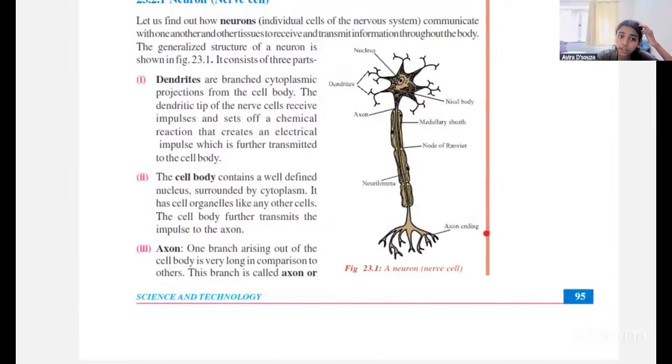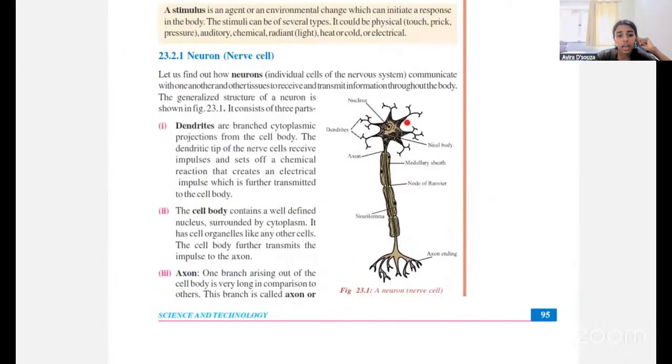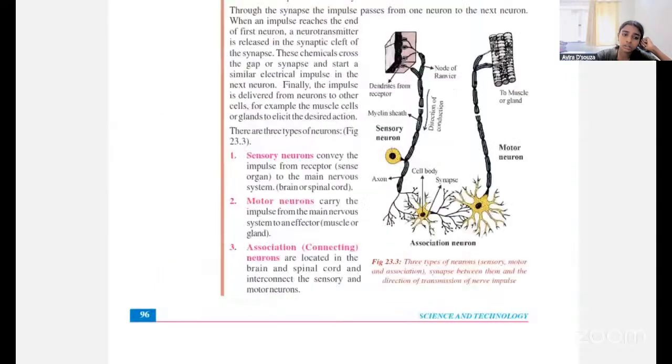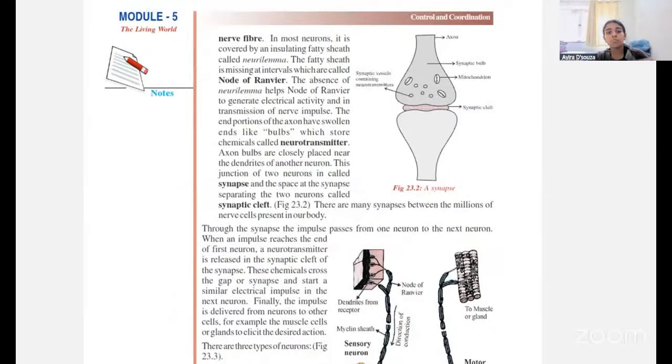The cell body contains a well-defined nucleus surrounded by cytoplasm. It has cell organelles like any other cell. The cell body further transmits the impulse to the axon. One branch arising out of the cell body is very long in comparison to the others. This branch is called the axon or nerve fiber. In most neurons, it is covered by an insulating fatty sheath called neurilemma.